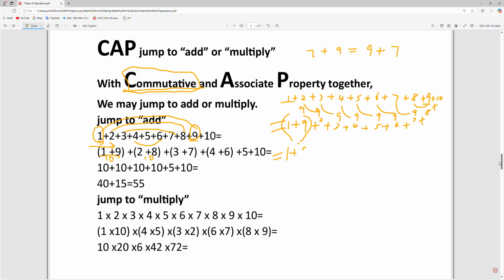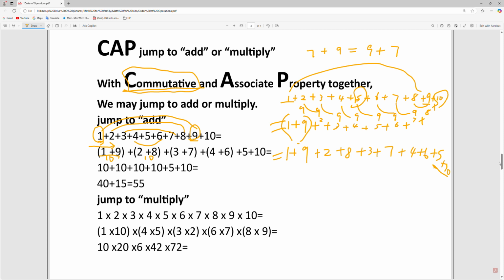After you work very hard to change the order, you are going to have 2 plus 8, 3 plus 7, 4 plus 6, and 5, and 10, because there's no other 5 for you to match, so these two numbers just stay there.